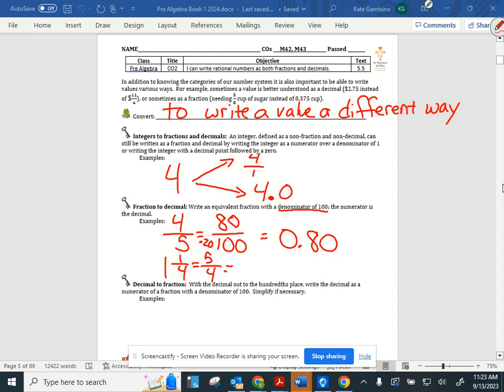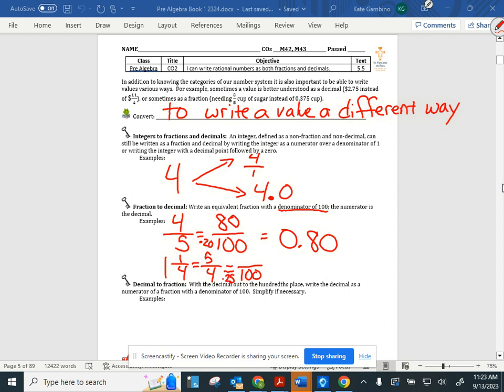Now what do I do? Then you would change it so the denominator is 100. What did I multiply the 4 by? 25.